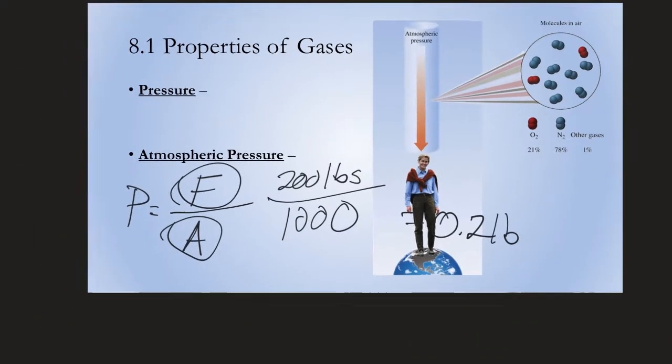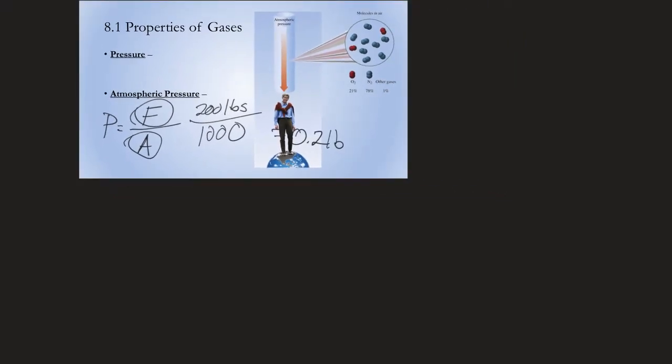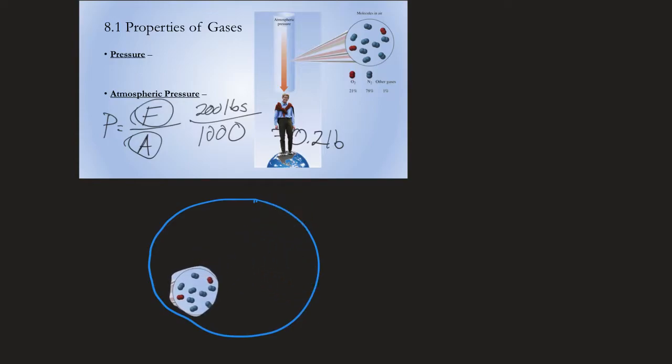And so what happens for gases is, as they're moving around, let's say we have them in some sphere, and you've got these gas particles right up in here. They're bouncing around, and they're hitting the walls of it. They're moving in straight paths and hitting the walls.